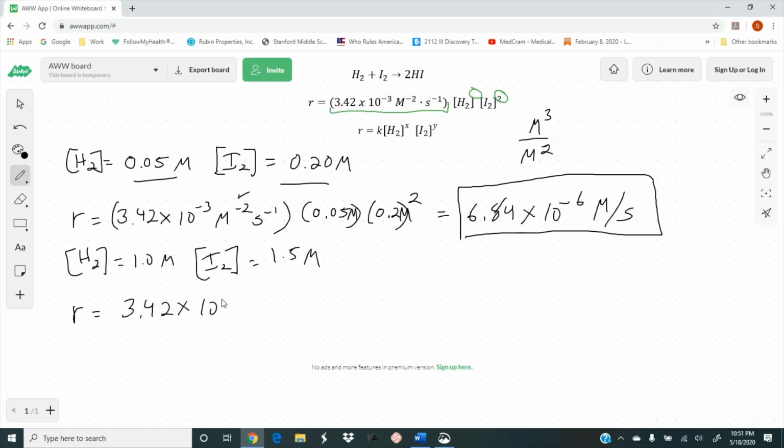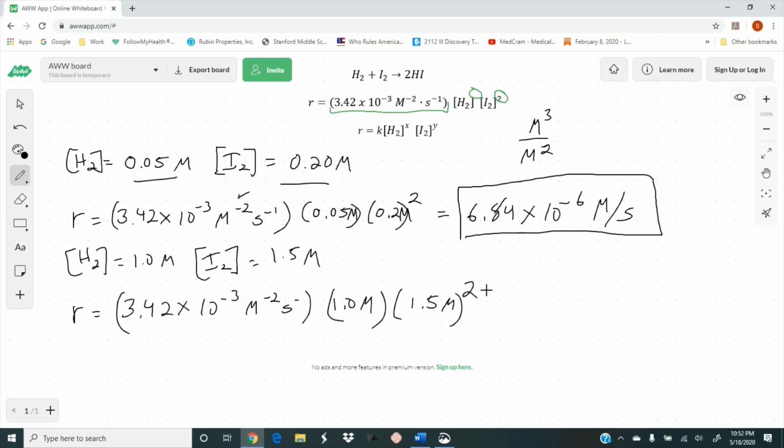Just put it in: 3.42 times 10 to the minus 3 molar to the negative 2 times second to the negative 1. There's my k. Times the concentration of H2, which is 1.0 molar. That's the first. And the concentration of I2 is actually a number, 1.5 molar.